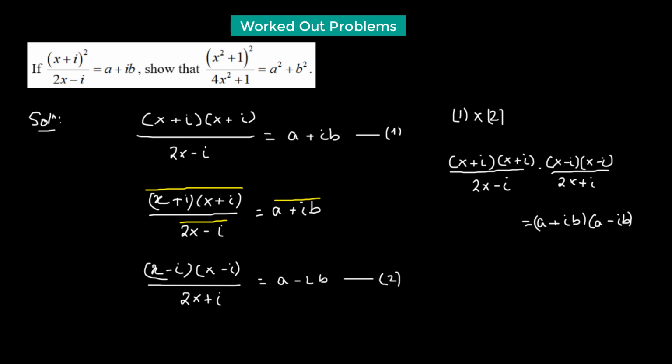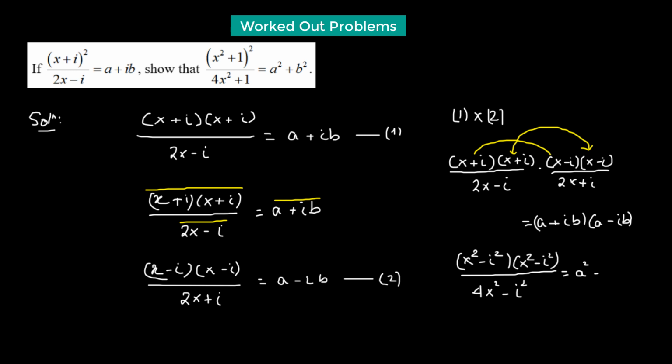So we multiply (x + i) by (x - i), and the remaining (x + i) by (x - i), and that should give us (x² - i²)(x² - i²) divided by (4x² - i²), equals a² - i²b².